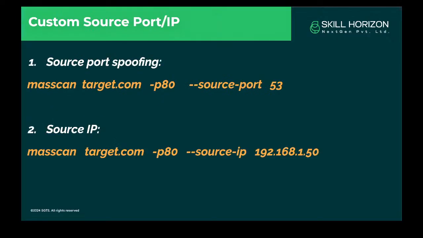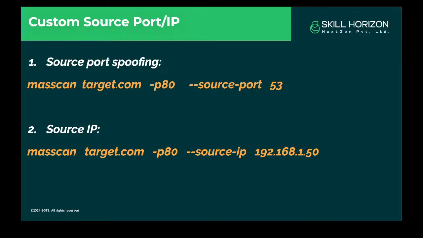Now, if you want to use a custom source, like custom ports, where your scan will be performed with this particular port or this particular IP, you can use the option hyphen hyphen source hyphen port, then the port number. Now the scan will be performed with that given port, and that technique is known as port spoofing.